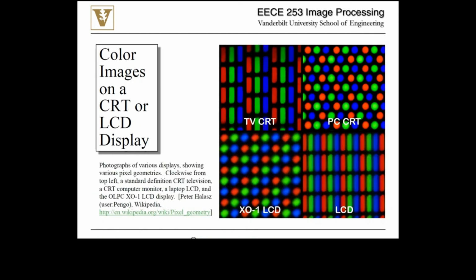And here you have the different technologies that you might have. For instance, this is a TV or a computer monitor, an LCD, and a different setup of LCD. And actually there is a lot of research here, because you can imagine that depending on the shape of the emitters and also the spatial disposition of the emitters, you can save a lot of current.